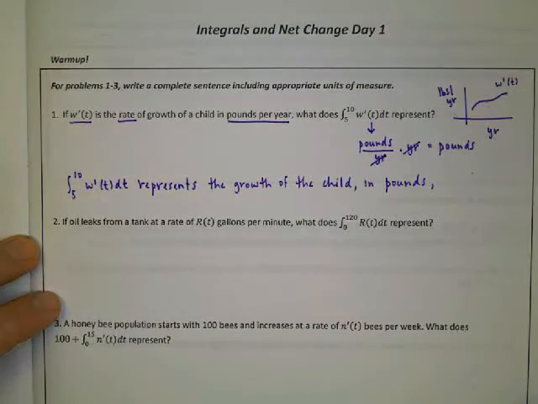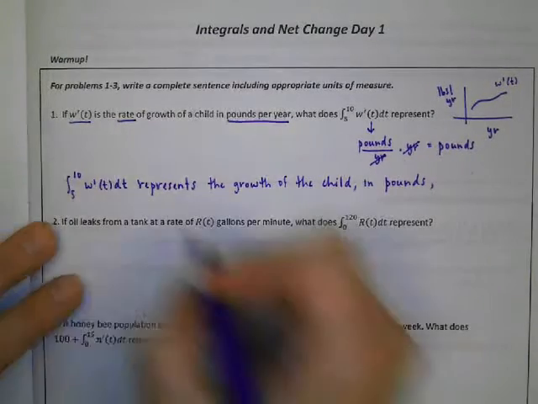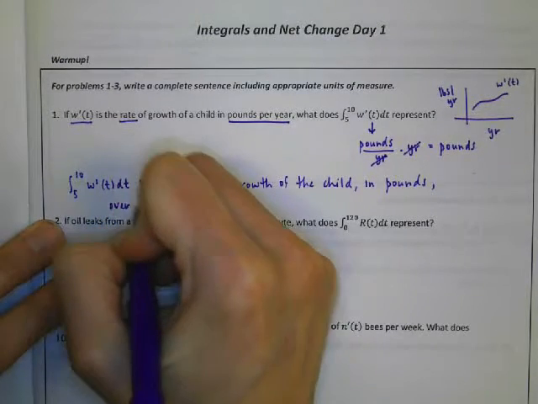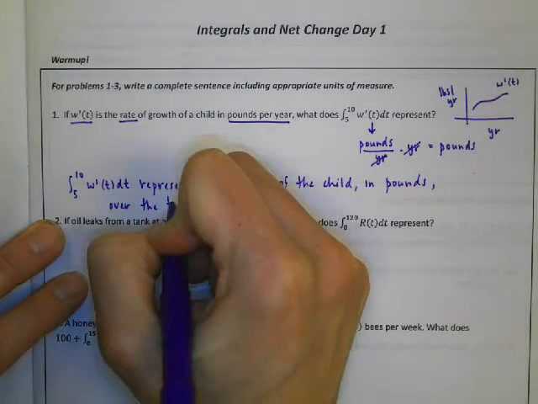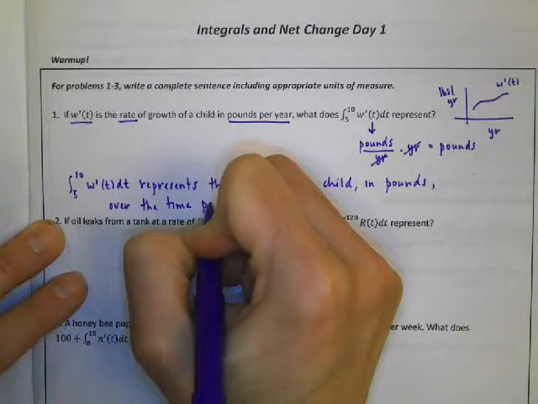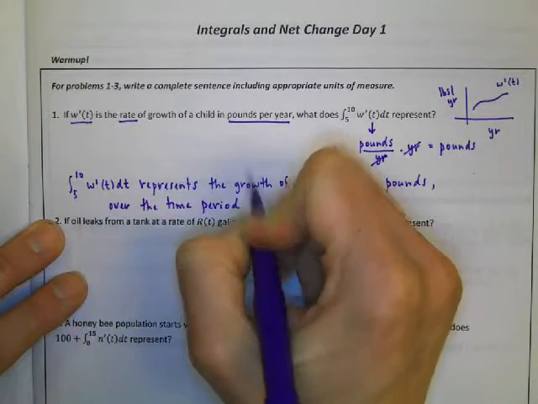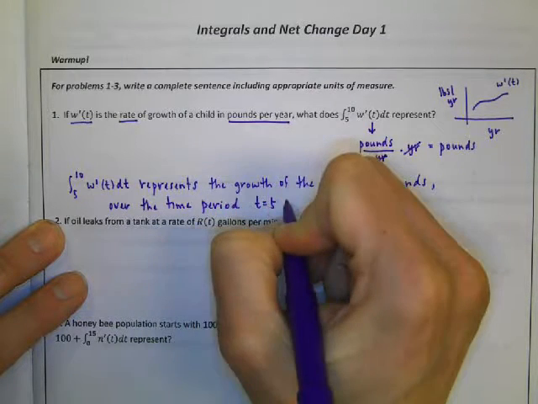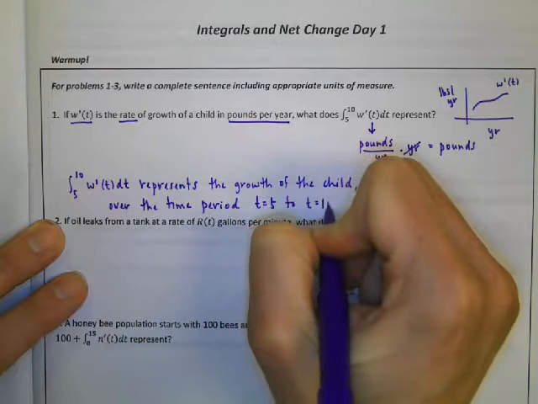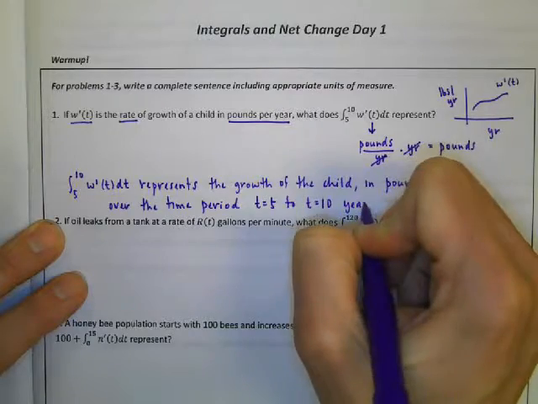And then we want to be sure to specify the time period. So it represents the growth of the child in pounds over the time period t equals 5 to t equals 10 years.